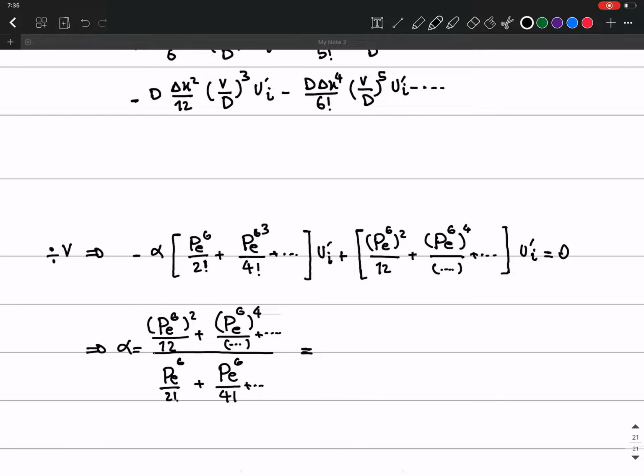These two series are going to converge to a very simple and interesting expression, which is 1 over 2 times 1 plus coth, hyperbolic cotangent, of Péclet grid over 2, minus 1 over the Péclet grid number.